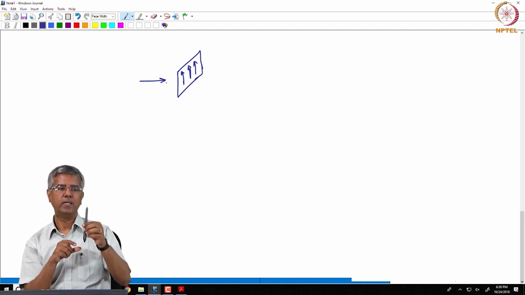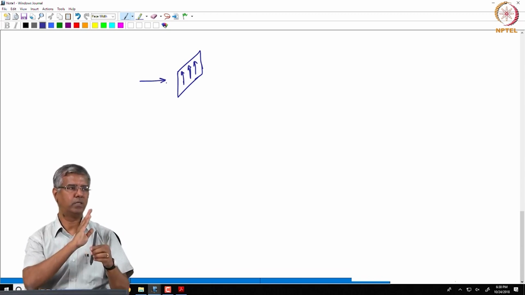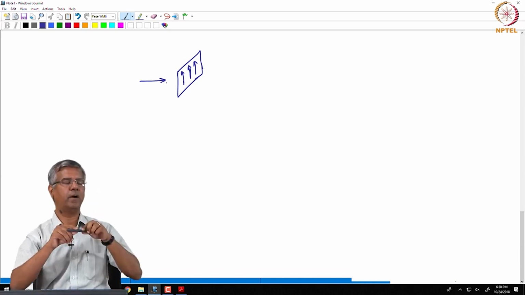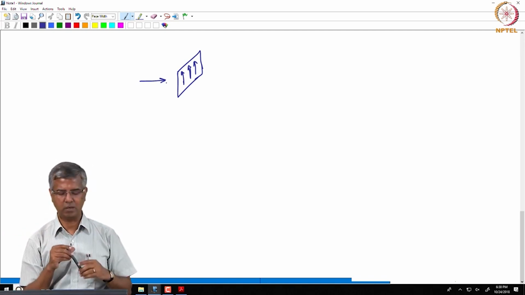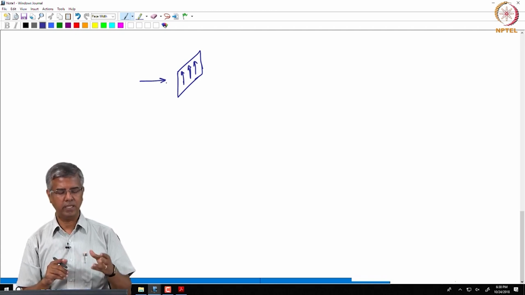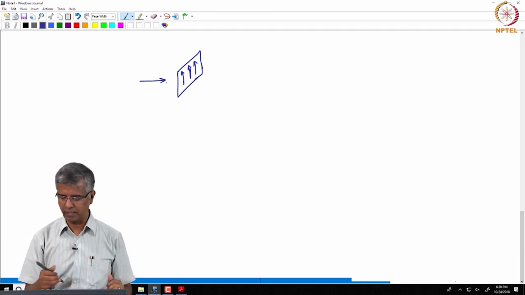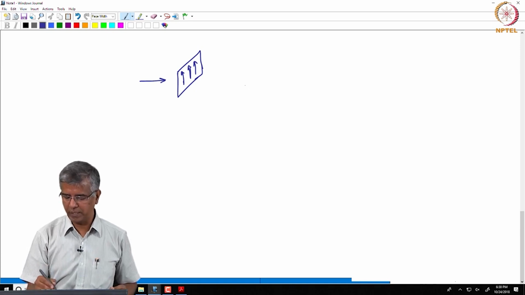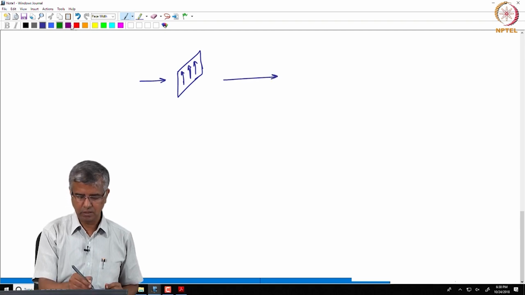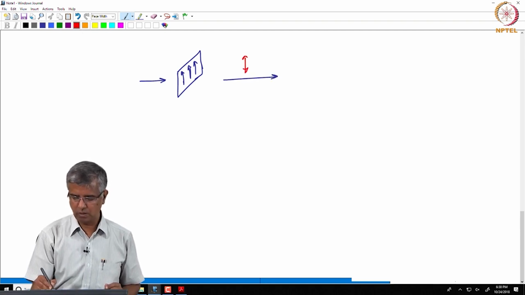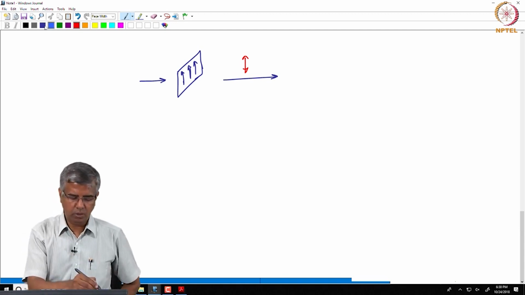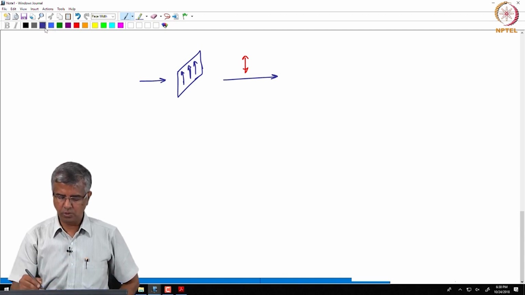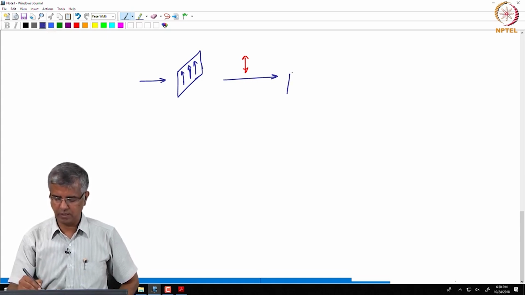Okay. Only this polarization will go across those molecules. If you have a crossed polarization, that will be extinguished by that molecule, right. So, that is what you call a polarizer. So, what you expect coming out of this is actually light with vertical polarization.